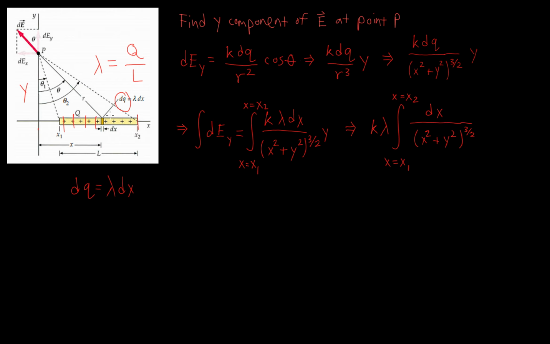For this first really small segment the value is x, and for this other really small segment it is also x, and for each other segment the variable x keeps changing, going from x1 all the way to x2.